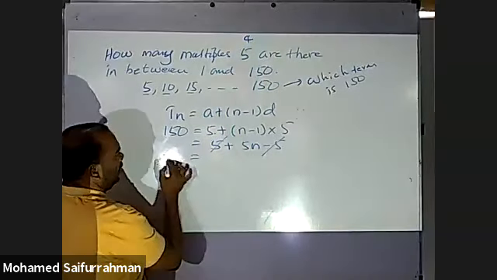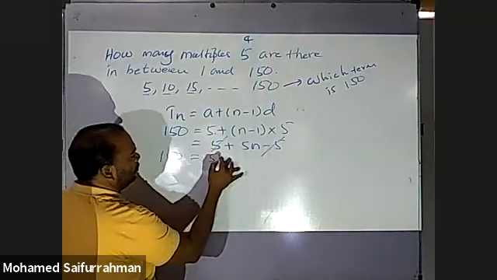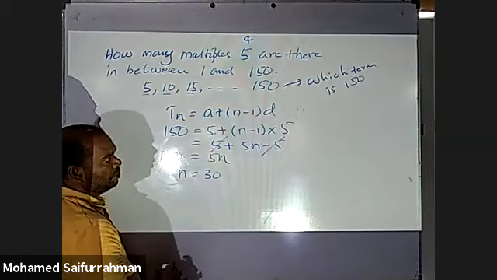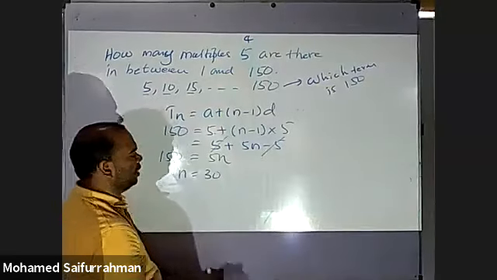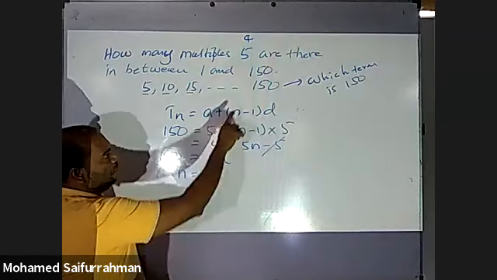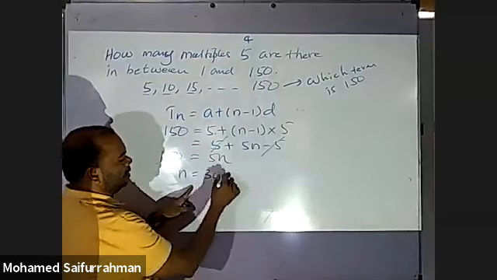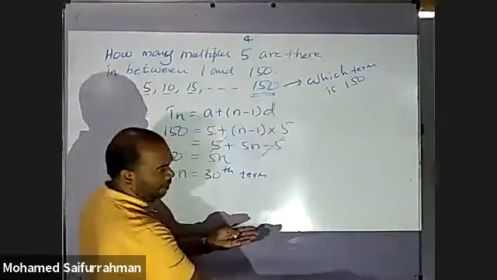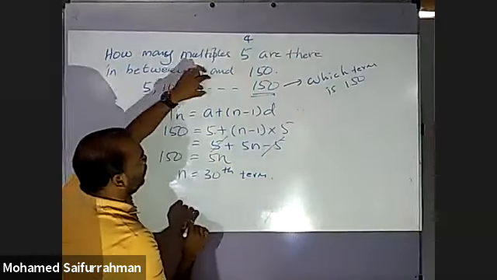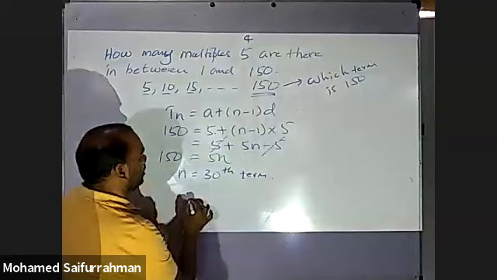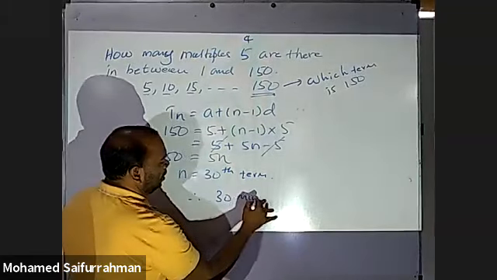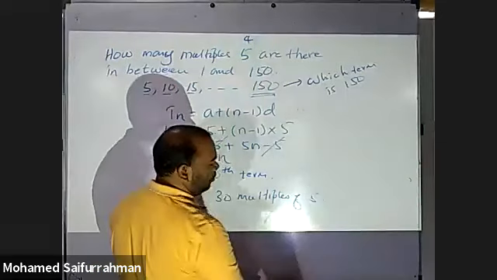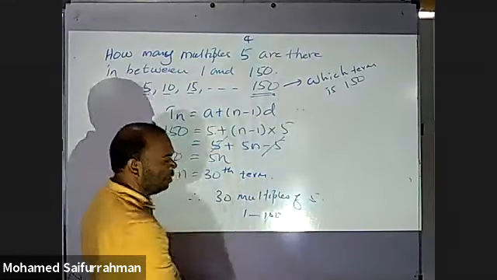Simplify: 150 equals 5n, so n equals 30. So how many multiples of 5 are there? 150 is the 30th term, meaning there are 30 multiples of 5 between 1 and 150.